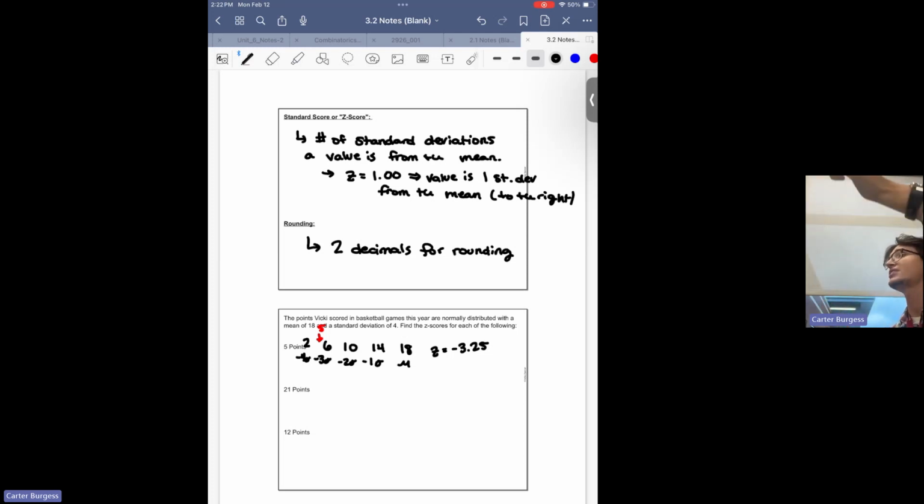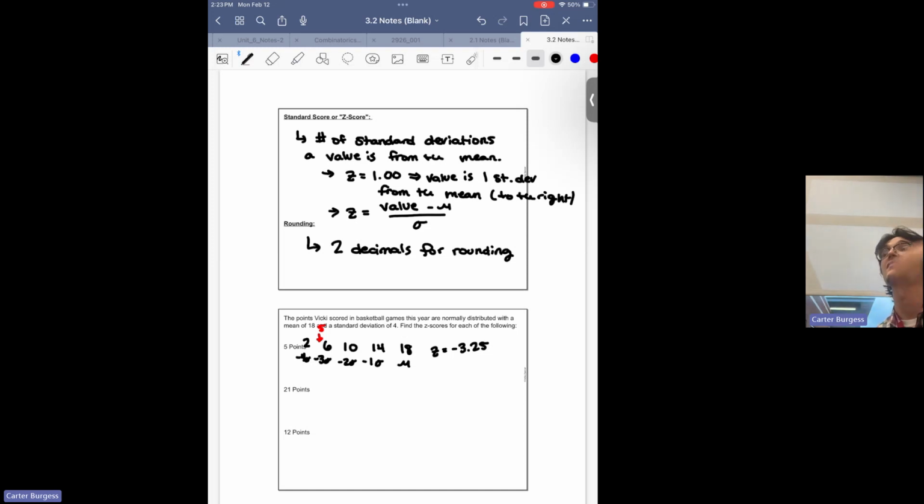We're essentially trying to take the distance between our mean and our value, and divide it into a number of standard deviations. The way that we can do that mathematically is we can say that z is equal to my value minus the mean divided by the standard deviation, and that accomplishes the same thing.